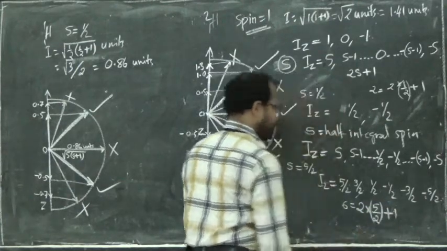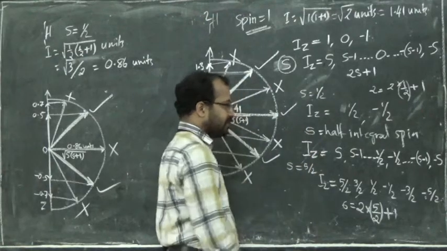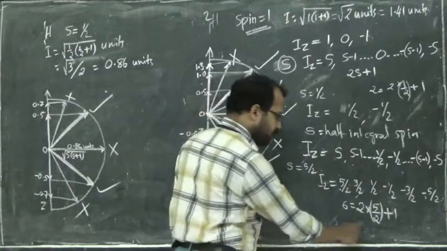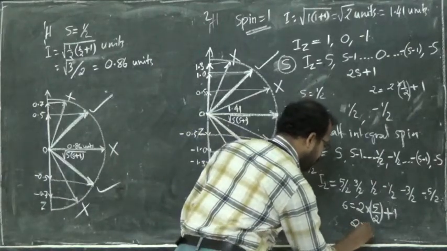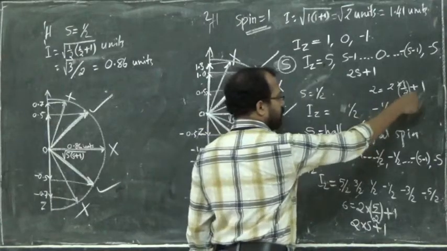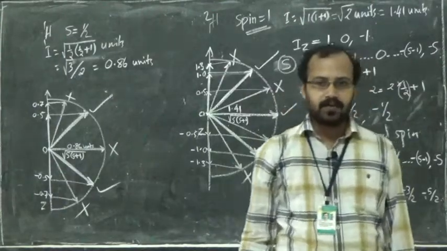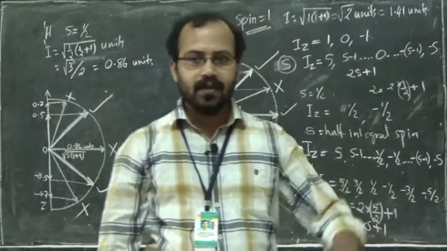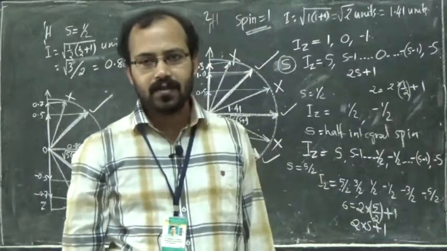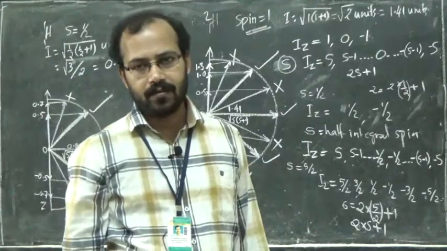So, if spin is equal to S, then how many components are possible? 2 into S plus 1. So, 2S plus 1 components are allowed. If spin is equal to half, then 2 components are allowed. If spin is equal to 5 by 2, 6 components are allowed. So, if spin is equal to S, 2S plus 1 components are allowed.